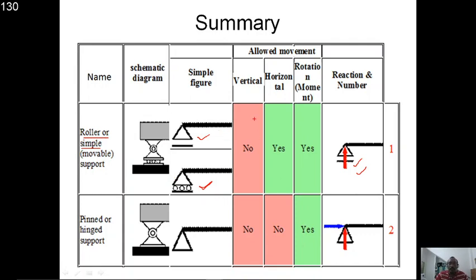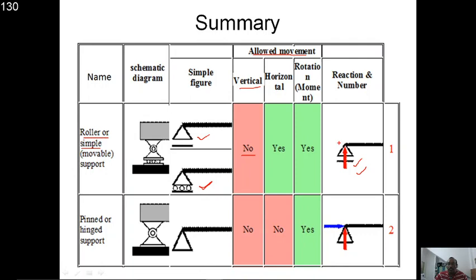And coming to the allowed movements, the simple support and roller support both do not allow vertical movement, but they allow horizontal movement.